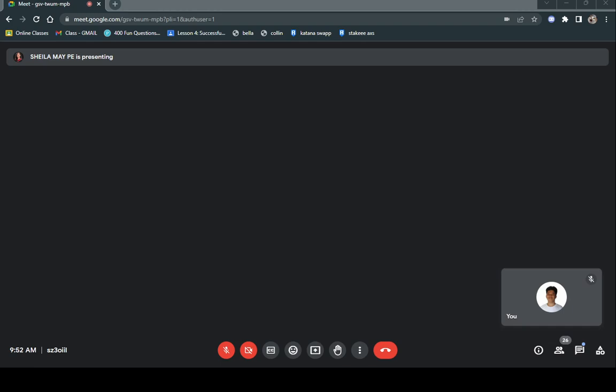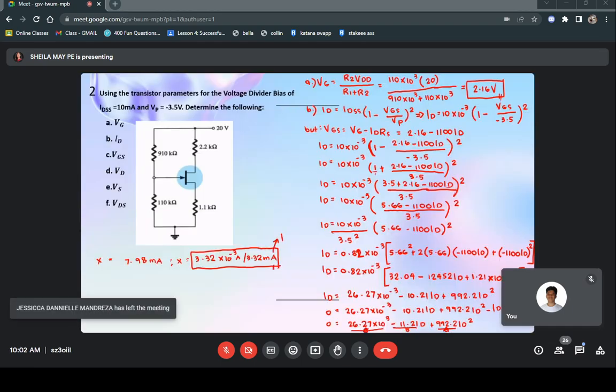So we have 7.98 milli, and the other one is 3.32 times 10 to the negative 3, or milli. And we need to pick the smaller value for X, which is our ID.